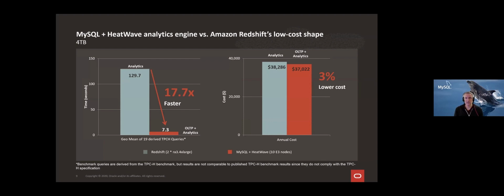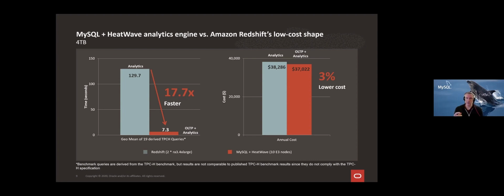In the first test we were more price sensitive on Redshift, because there's a pretty big difference, by the way, in pricing between the Amazon options and the MySQL HeatWave option. So we said, okay, let's try with the low cost Redshift and see what we get. Even with the low cost Redshift, the MySQL database service with HeatWave is still about 3% cheaper.